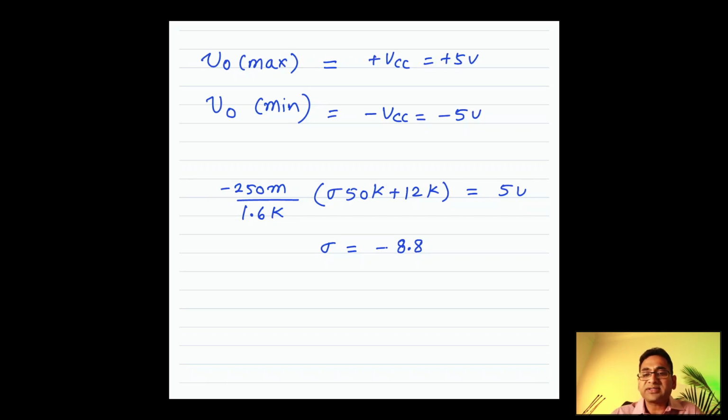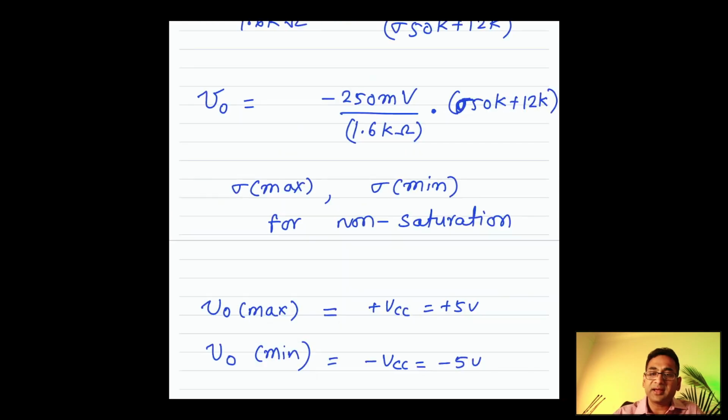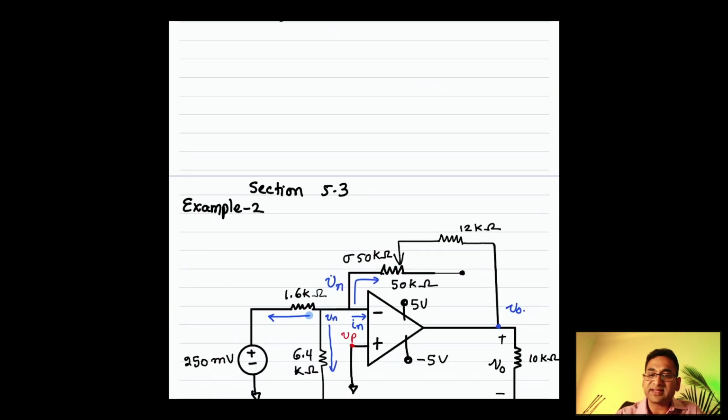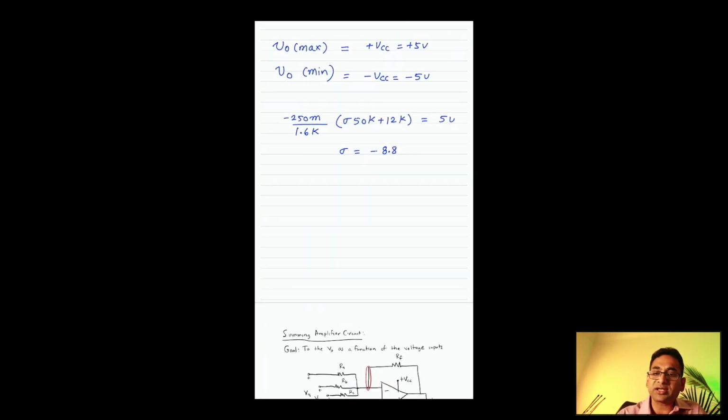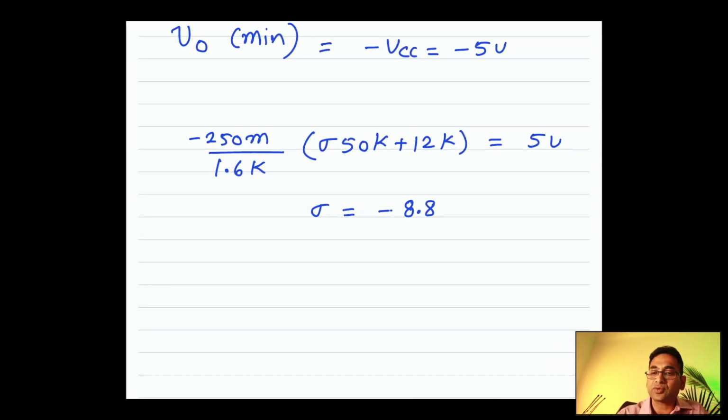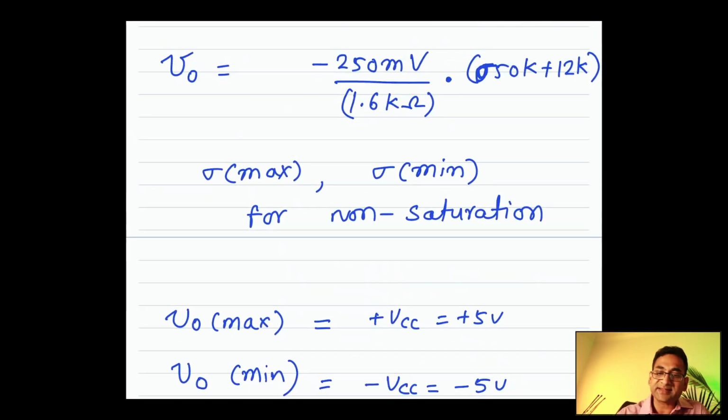But sigma cannot be negative. If you have a negative sigma, you'll end up with a negative resistance, and it's not possible to see negative resistance in this course. So we say the sigma minimum is 0.